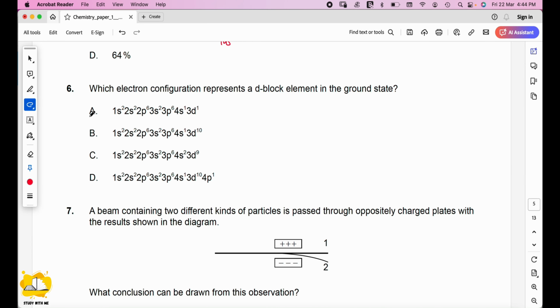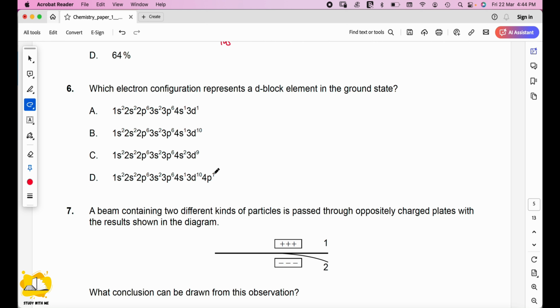For number 6, which electron configuration represents a d block element in the ground state? So we need to find out which one is the transition metal from these 4 options.